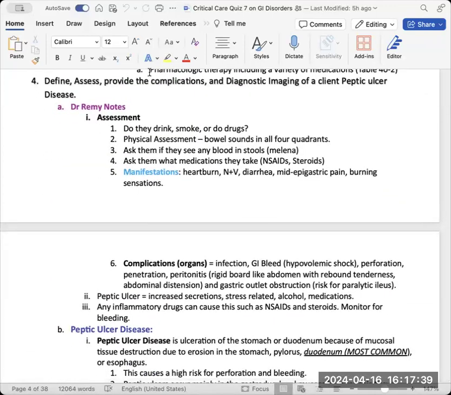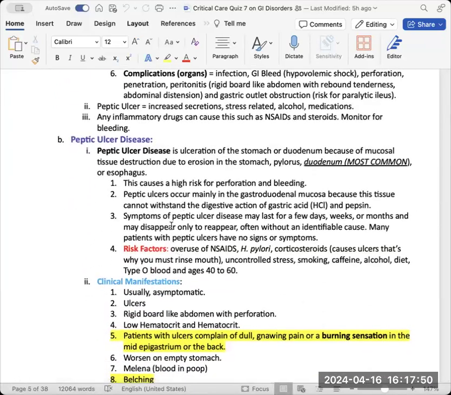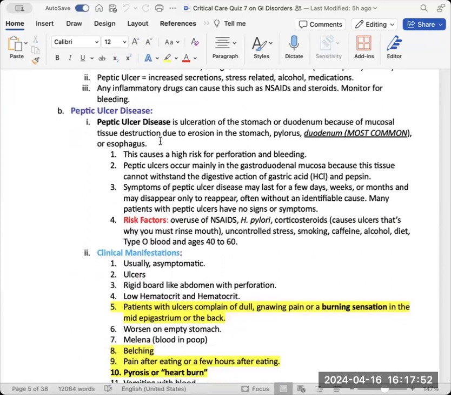Okay. The next question is to define, assess, provide complications and diagnostic imaging of a client with peptic ulcer disease. Now, just as an explanation, peptic ulcer disease is ulceration of the stomach or the duodenum because of mucosal tissue destruction due to some sort of erosion in the stomach, pylorus, duodenum, or esophagus. But it's mainly the duodenum.